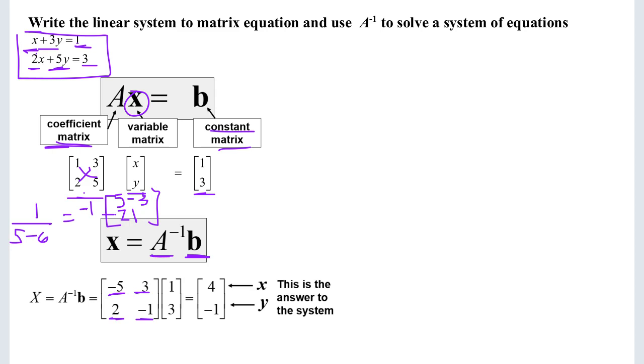Then you're going to multiply that by 1 and 3. So if we do that, we're going to get -5 plus 9 is 4. Then 2 minus 3 is -1. So our answer as an ordered pair would be 4, -1.